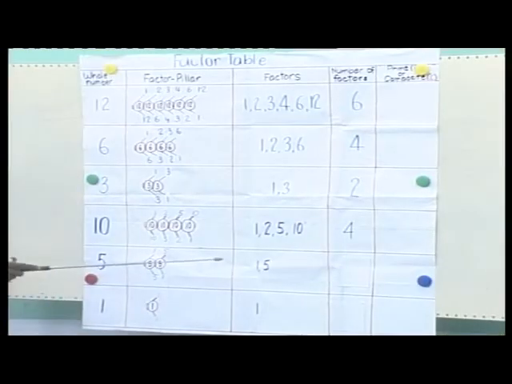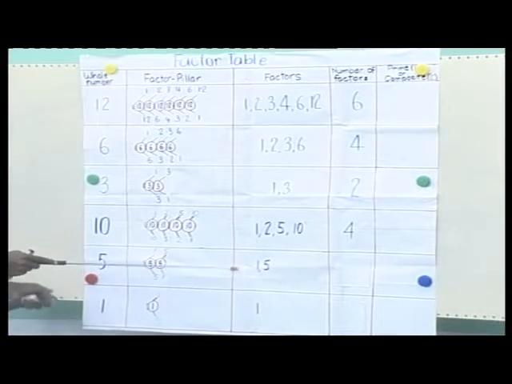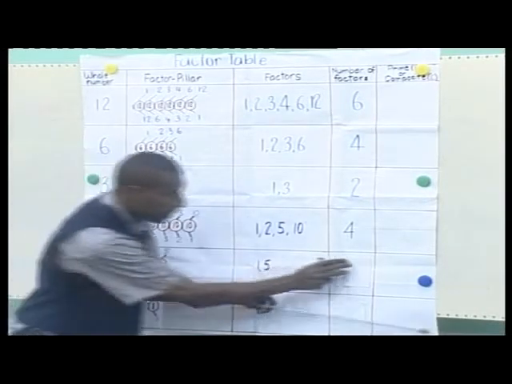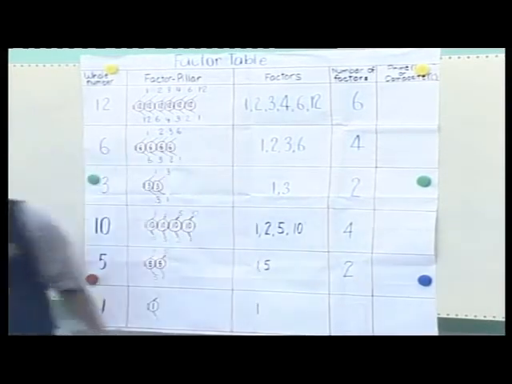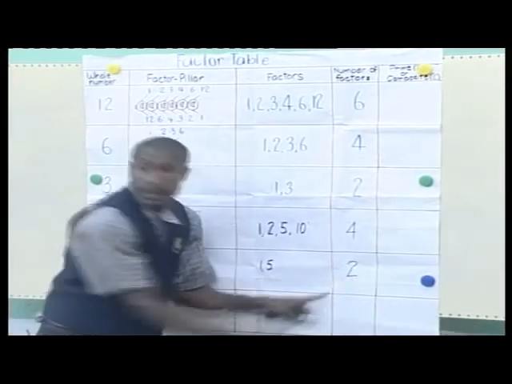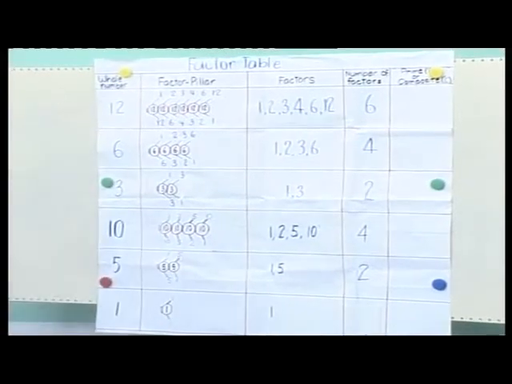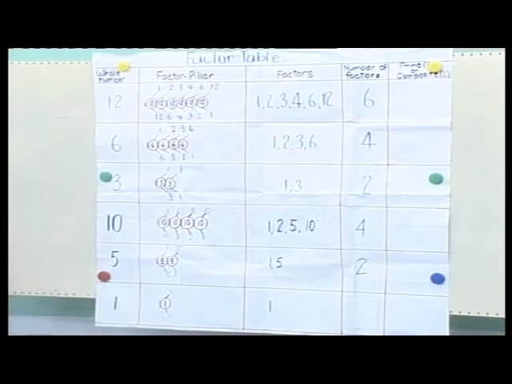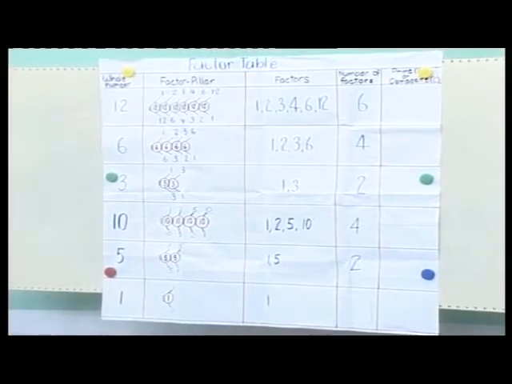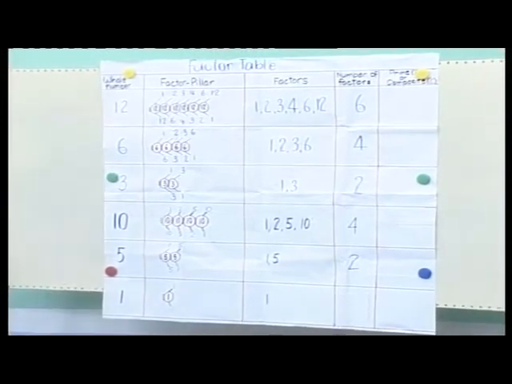Yes, 2 is correct. You can see from the factor table, there are only 2 factors for whole number 5. Now, students, how about the last whole number, which is number 1? How many? 1.